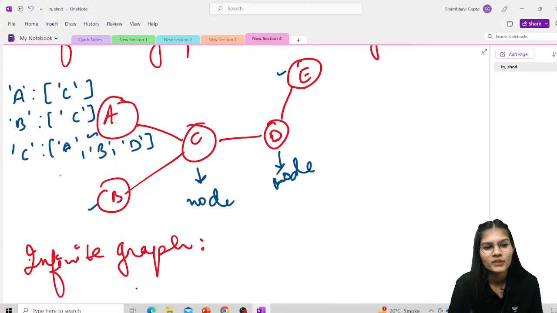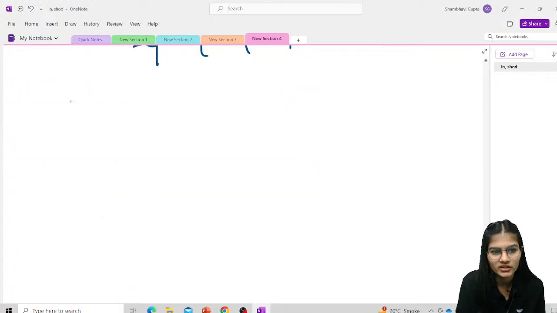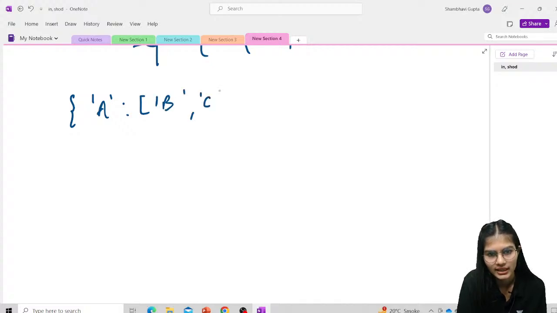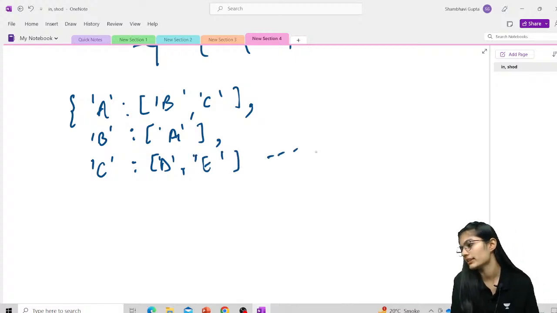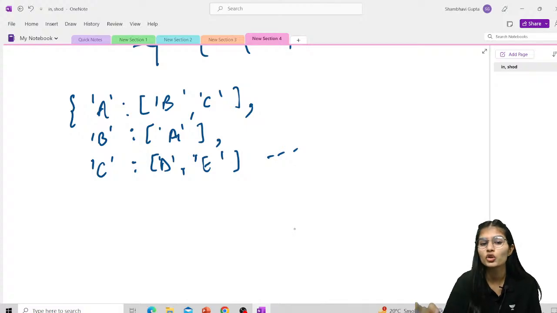But what if I just write it for you like this, in my dictionary, if I say A is storing B and C, then I say B is pointing towards A, then I say C is pointing towards D and E. If I write down something like that, it is not that easy for you to understand.